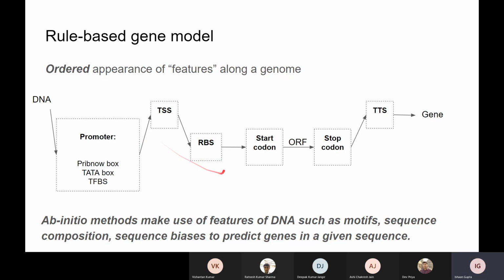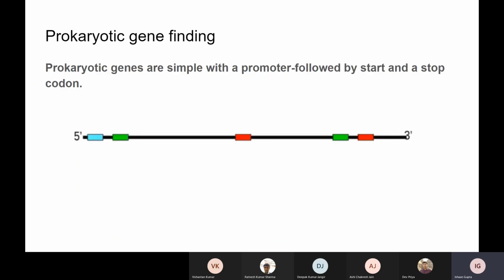So all these arrows, the distances between these arrows, could be very different for each gene. Ab initio methods essentially try to predict these things by coming up with a way to place these features in a particular order.